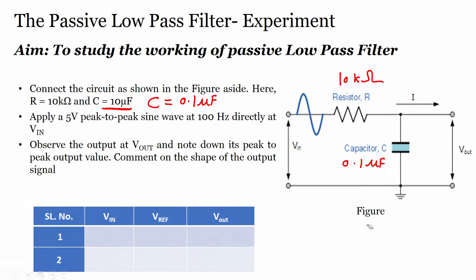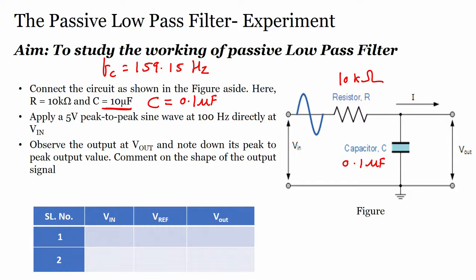Here my FC equals 159.15 hertz. Okay. So, having these conditions, if I make an RC filter, this is a passive low pass filter, what kind of voltage do I get, and what is the waveform or shape of the output signal?